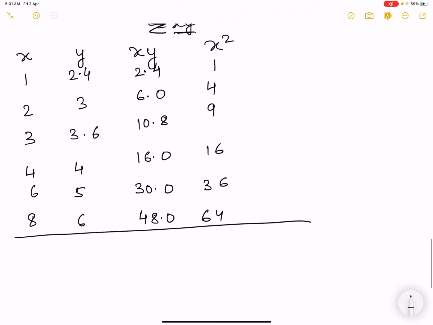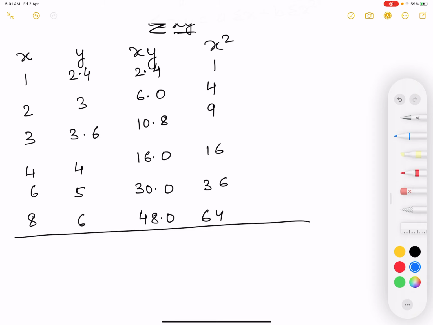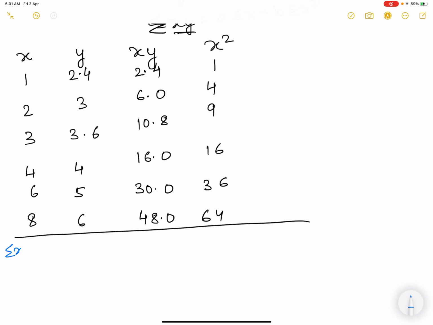Sum it up. We'll get the value of sigma x as 24, sigma y also 24, sigma xy as 113.2, and sigma x square as 130.